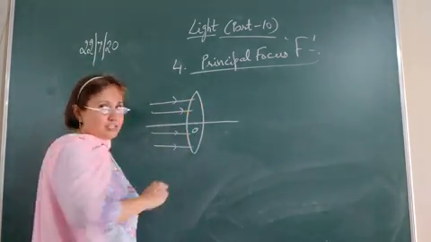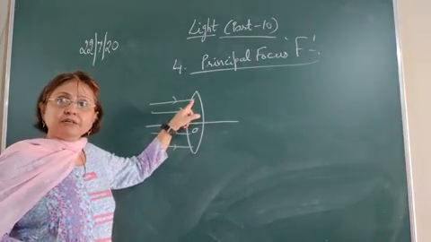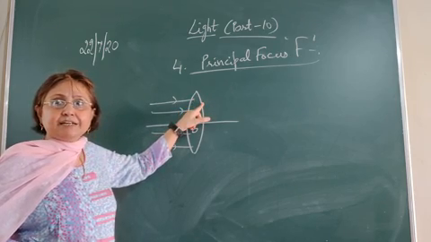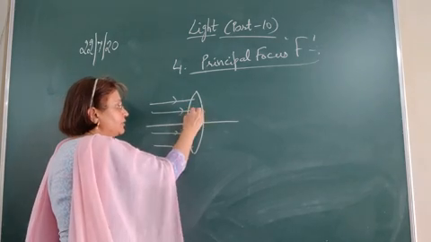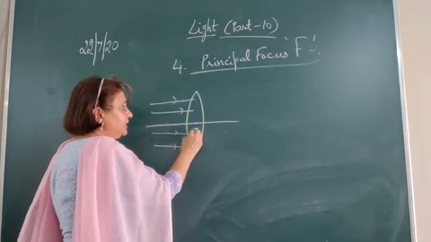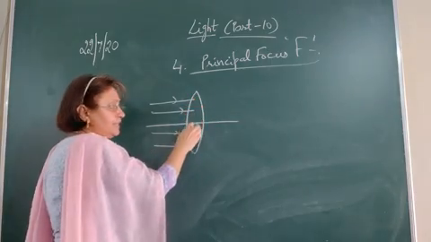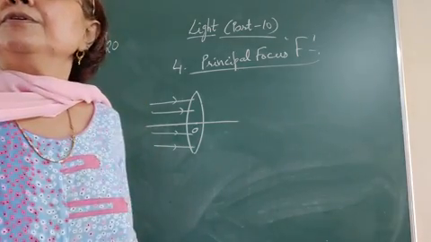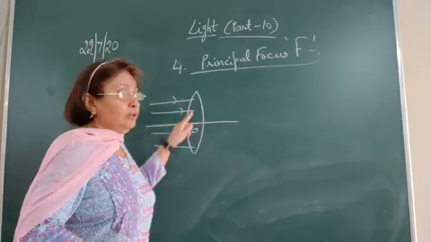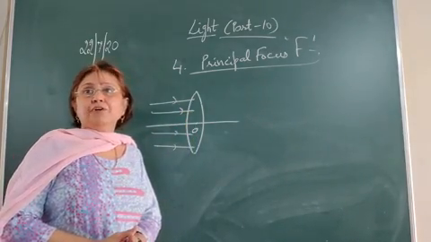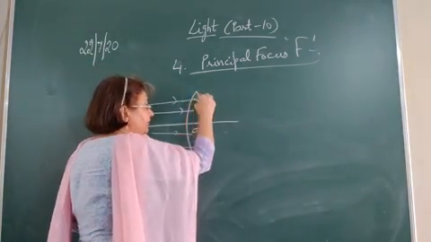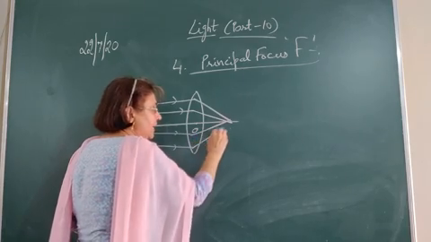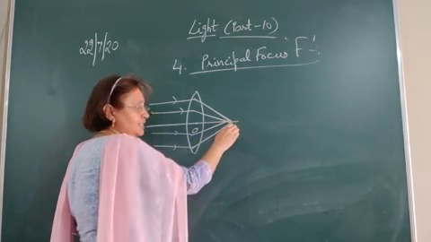Now after refraction, one more thing: it will bend at the first face, then it will bend at the second face. But while drawing the ray diagram, we can bring the incident rays to the center and then bend them. So this parallel beam of incident light, after refraction, all these refracted rays meet at a point on the principal axis.